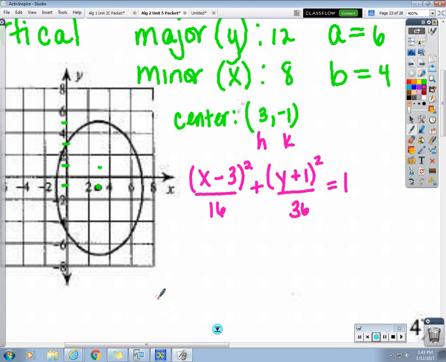So now we need to find the foci. The equation for foci is c squared equals a squared minus b squared. Well, what will your a squared be? 36 minus your b squared, 16, and that becomes c squared equals 20.